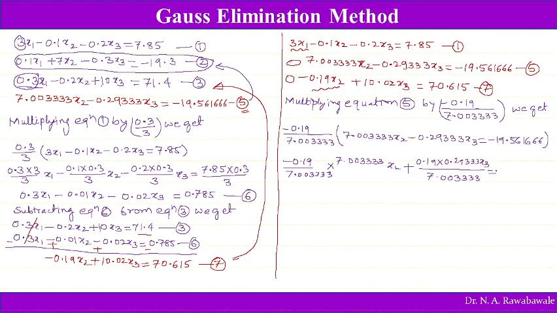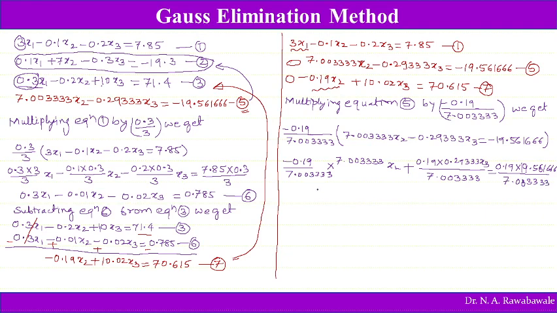This is going to be 0.19 into 19.561666 divided by 7.003333.